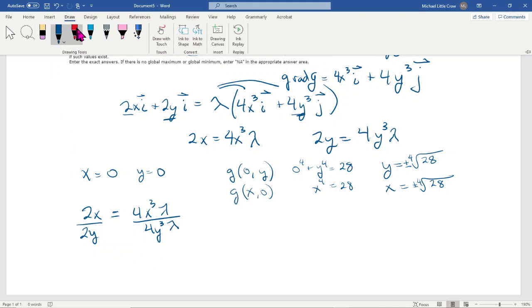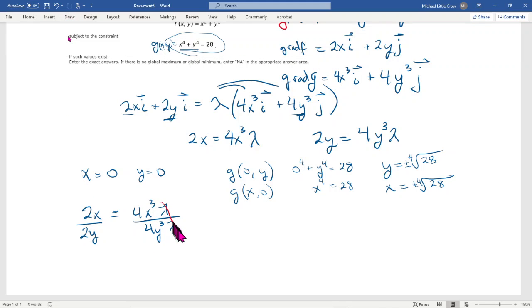And then when we do that, we see we get lambda divided by lambda is 1, 4 divided by 4 is 1, 2 divided by 2 is 1. And we could cross multiply. That gives us x y to the 3rd equals x to the 3rd y.